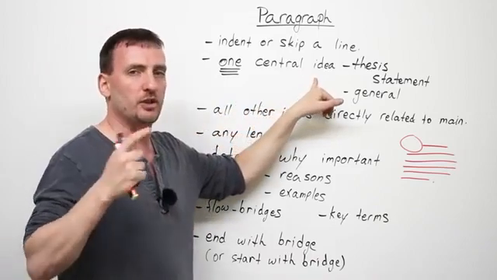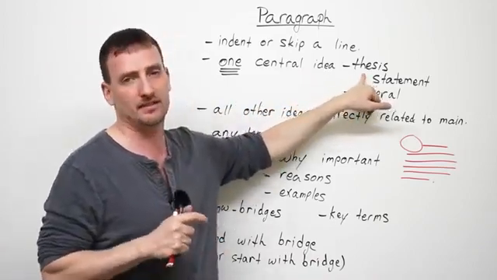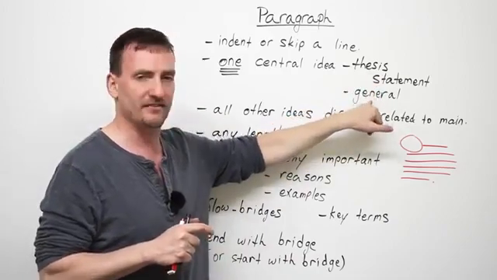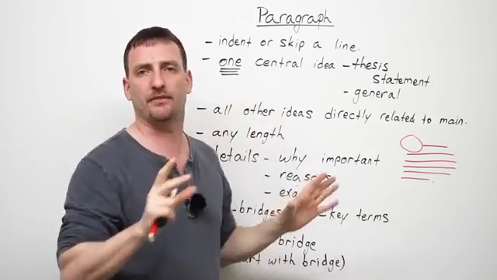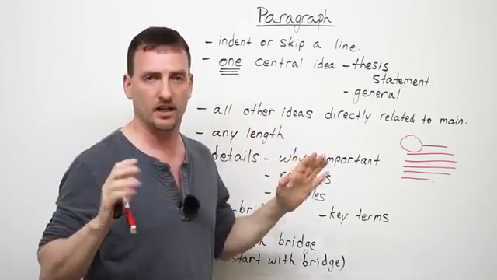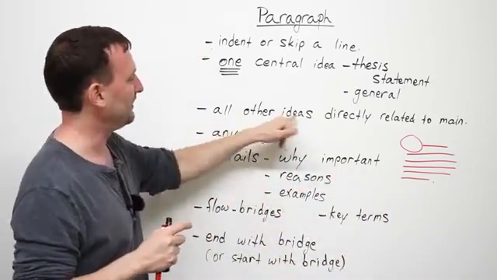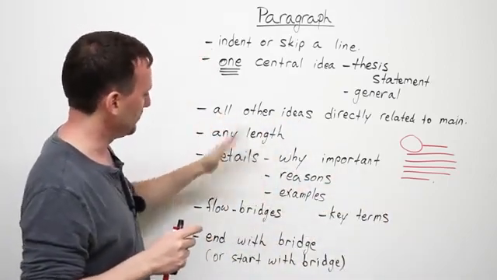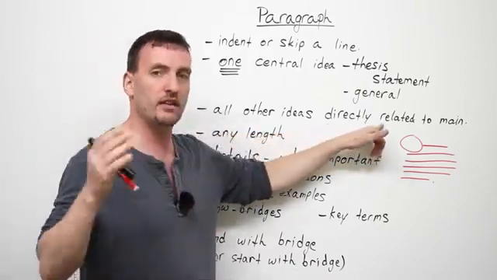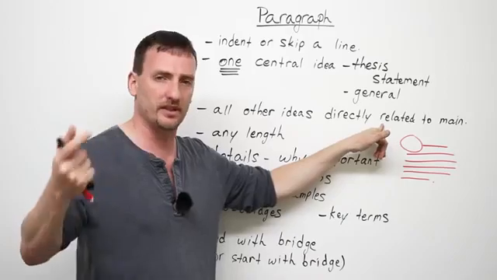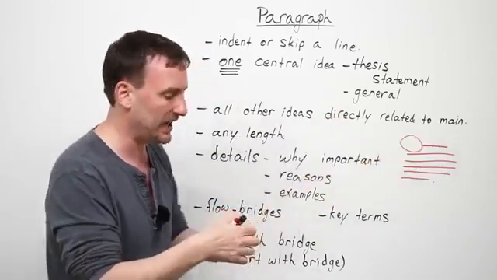Now, make sure that you tell the reader what this central idea is. This is your thesis statement. Okay? It's a very general sentence. All it does is introduce the topic of the paragraph, nothing else. All the details come after. So, speaking of details, we'll talk about details in detail, but all the other sentences, all your sentences with the details, must directly relate back to the main idea.